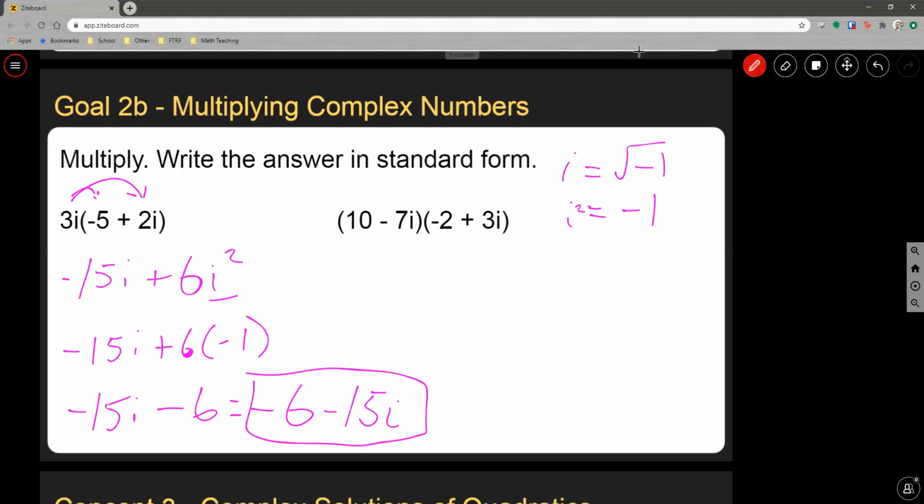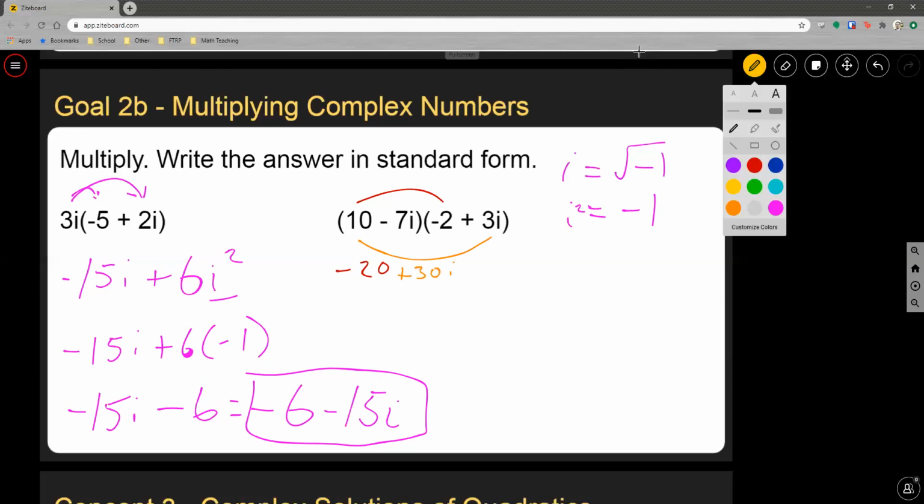All right, next one is going to require the FOIL method. Still not too bad, though. First, 10 times negative 2 is going to be negative 20. Outer, 10 times 3i is going to give me 30i. Inner, negative 7i times negative 2 is going to give me, well, a negative times a negative is a positive. 7 times 2, 14, and then i.